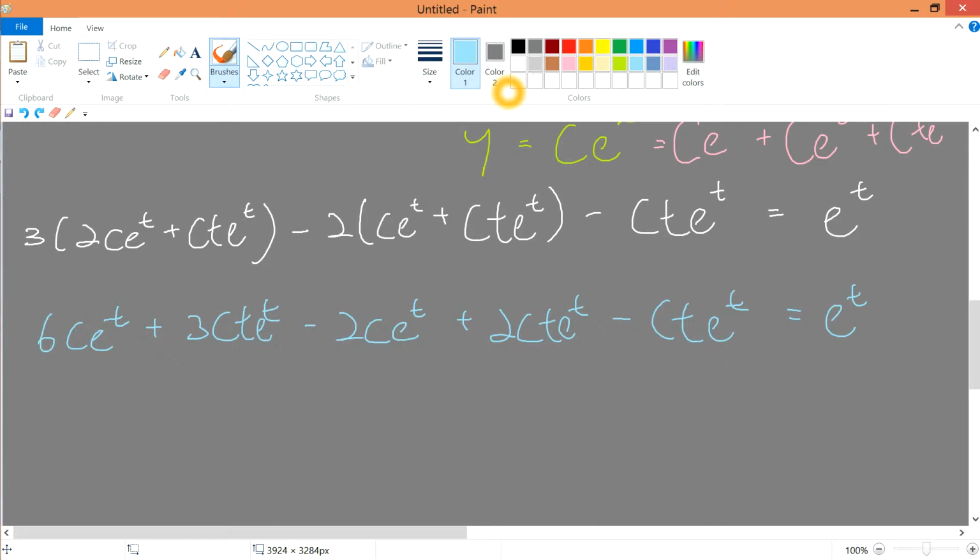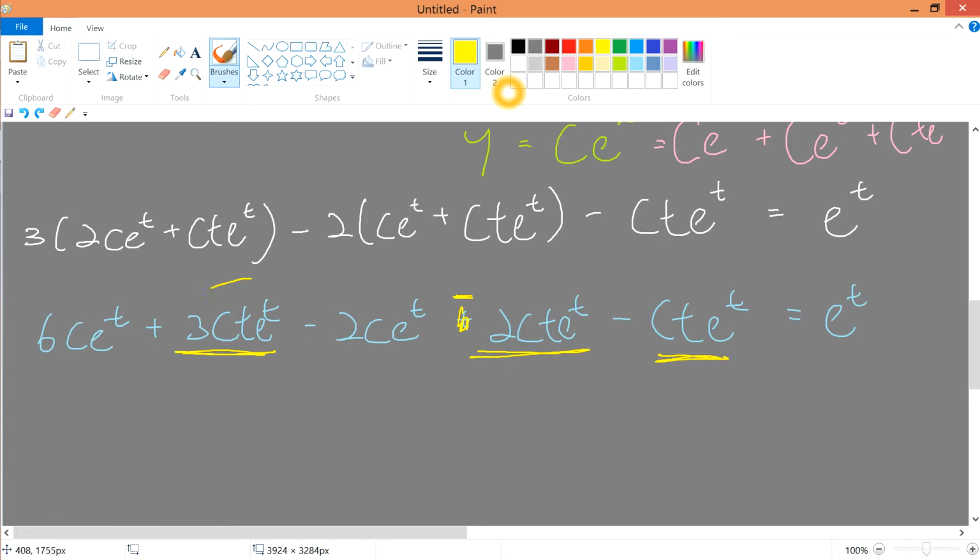So let's identify all the Cte^t and the Ce^t terms. I'll simply highlight the Ct ones. So this is one Ct, this is another Ct, this is just C only, if you don't know what I'm talking about, and then this is another Ct. Actually this one should be minus also, because minus 2 multiplied inside should be minus. My careless mistake.